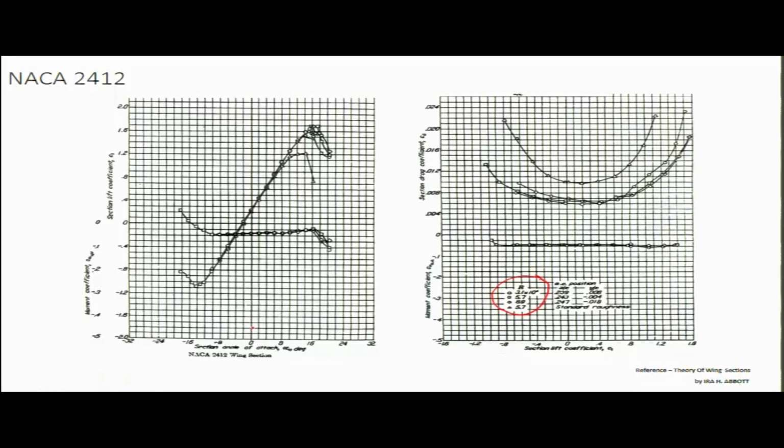So now the question is how to find CL naught, CL alpha, alpha max, alpha stall, CL max, and the alpha at which CL is 0.